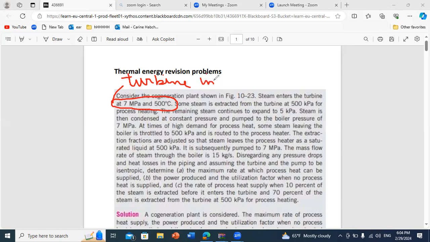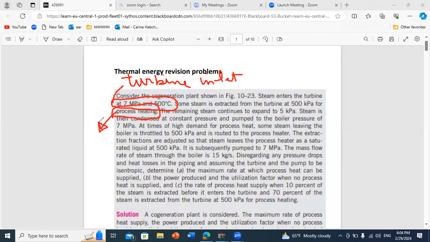Now, some steam is extracted from the turbine at 500 kilopascal for process heating. When they tell you that we are doing process heating, this means that the power plant is not only used for electricity production. Whenever we say cogeneration, this means that the power plant is designed to produce electricity and to produce heat. And where can we extract the heat? It is through the process heating.